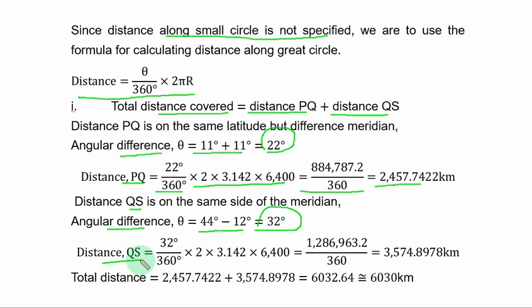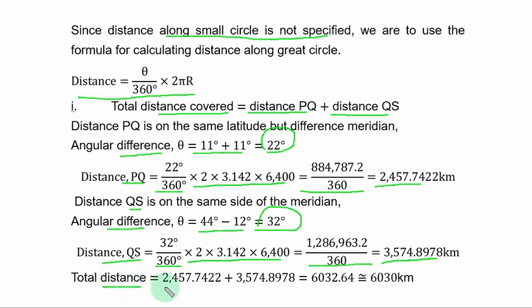Distance QS is therefore 32 degrees over 360 degrees times 2 times pi times the radius of the earth. That simplifies to this, and you have 3574.8978 kilometers.